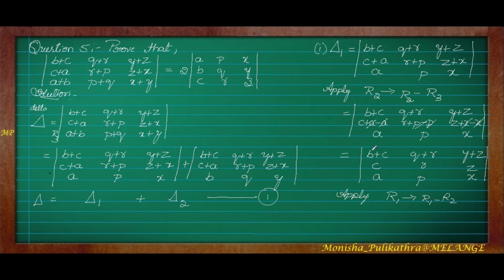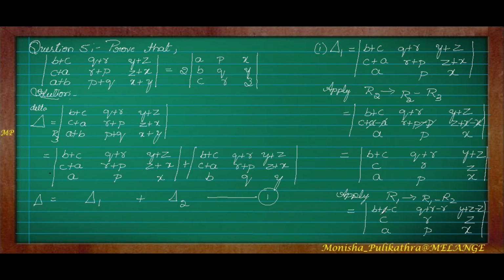So R1 is equal to R1 minus R2. It will become B plus C minus C, here Q plus R minus R, and here Y plus Z minus Z. Write all other elements as it is: A, P, X.